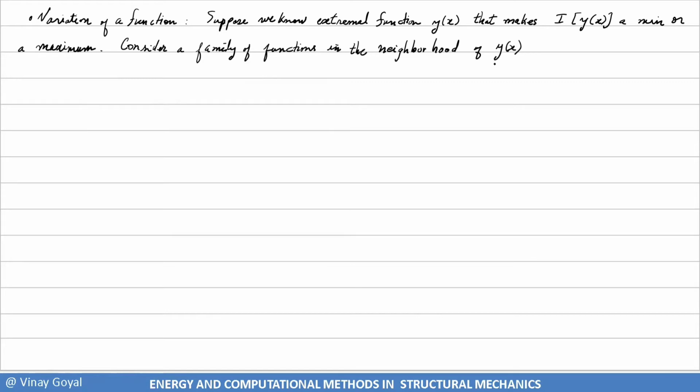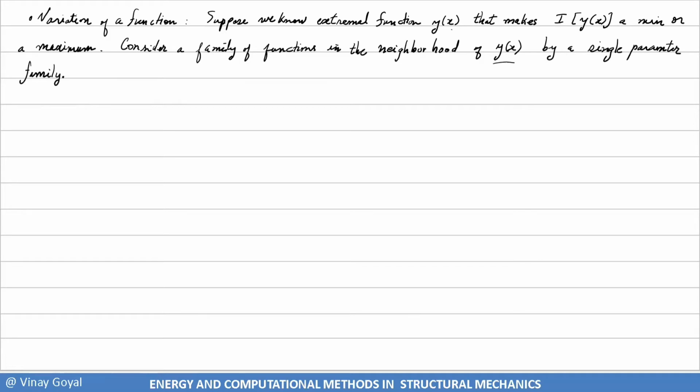So I know what y of x is. y of x is the one that minimizes or maximizes I, the functional I. Remember, functional I by a single parameter family.